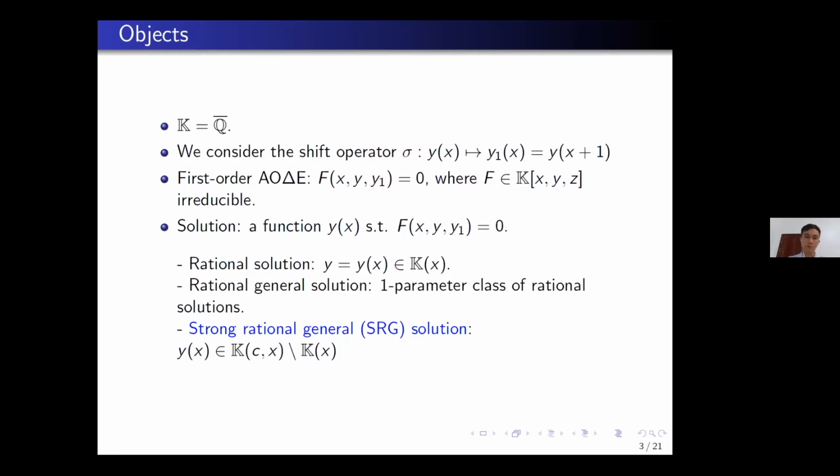We also have the term rational general solution. A rational general solution has a formal definition which is quite long, and for short, we can think of it as a one-parameter family of rational solutions. The detailed definition is not important here.